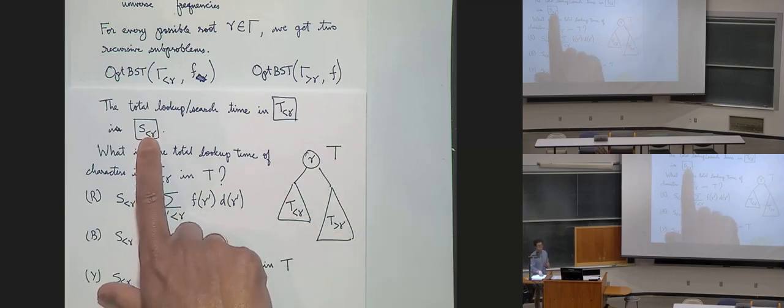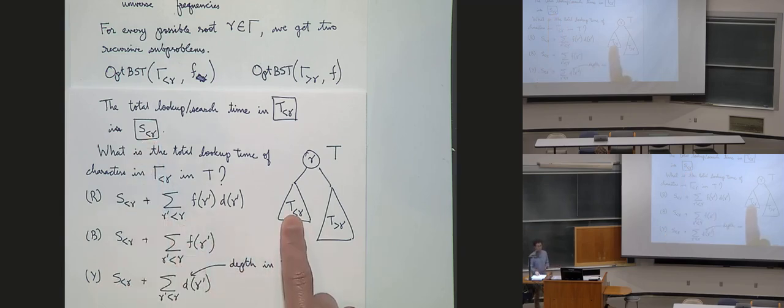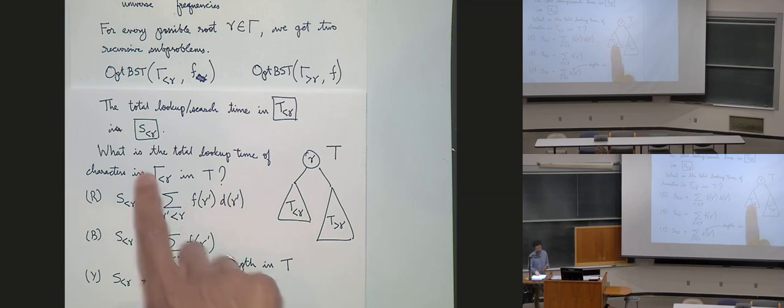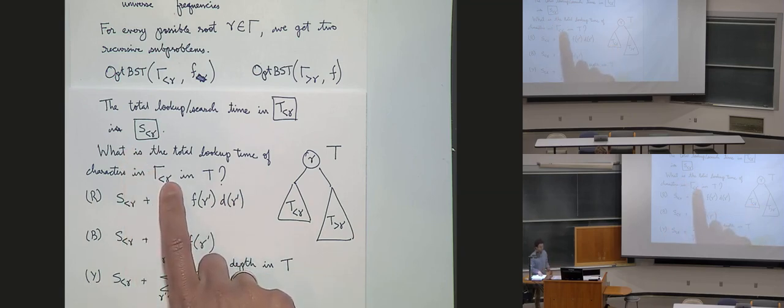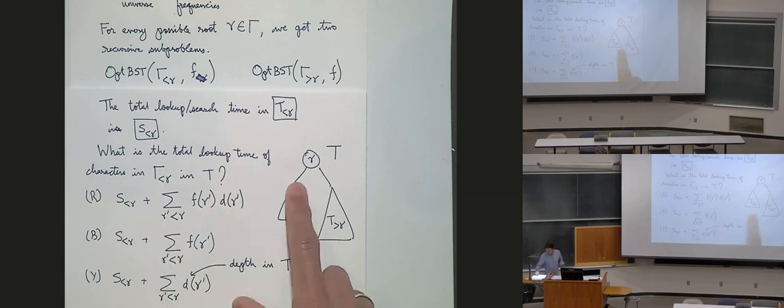Now, what this tells you is essentially the sum of depths weighted by frequency in the smaller tree. What you want is the weighted sum of depths in the larger tree. And in the larger tree, the depths have just gone up by 1. They've all gone up by 1 for all these characters.